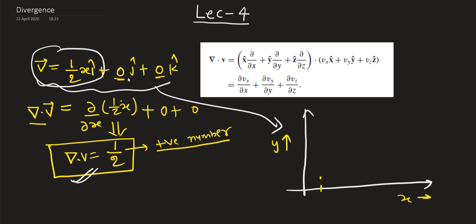At x equal to 1, we will get 1/2 i cap, and i cap means simply the x direction. If you take another point, x equal to 2, then you will find 1 i cap, so it will be with larger length, and similarly at higher x values you will simply get much higher length.